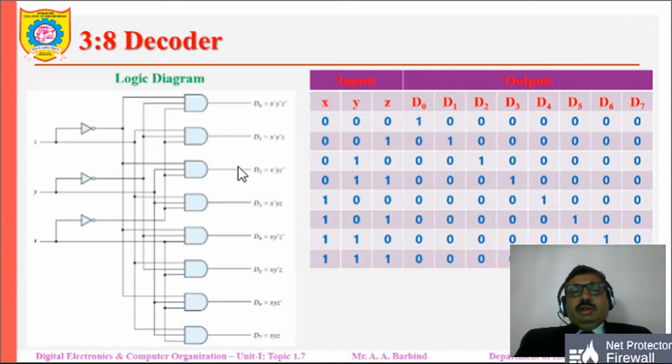The 3:8 decoder can be constructed by using 8 AND gates, each with 3 inputs. So we are using here 8 AND gates, and to each of the AND gate the inputs are coming from X, Y and Z, either X, Y, Z or X bar, Y bar and Z bar.